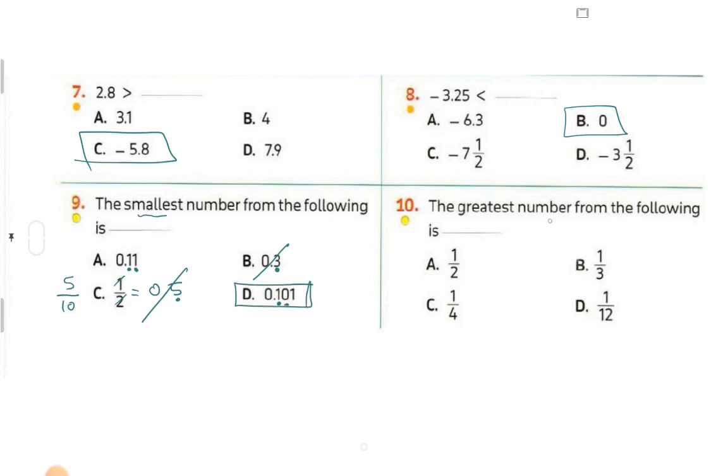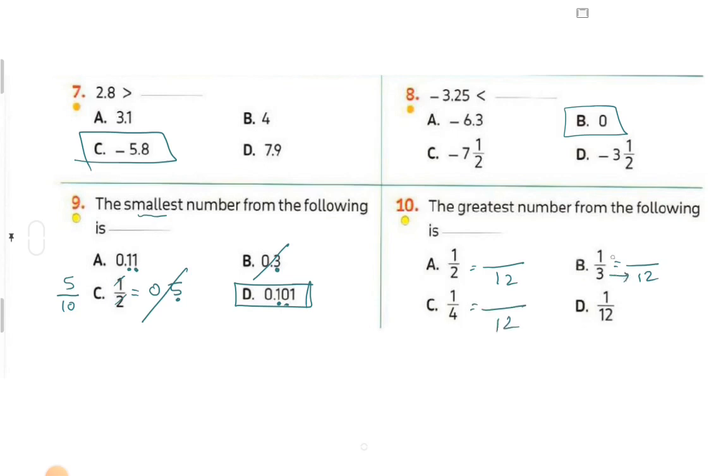The greatest number from the following is, what the greatest? Okay, let's try. We have fractions with unlike denominators. Please convert them to just one denominator. We can note that 12 is a multiple of 3, 2 and 4. Convert all of them to the same denominator, 12.